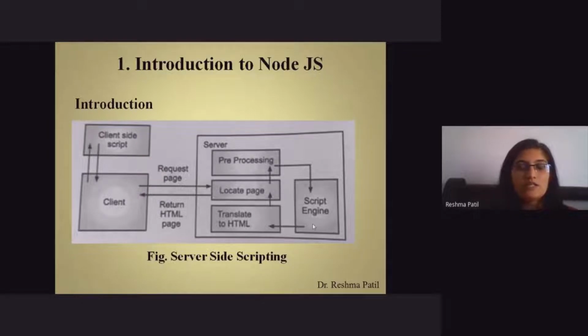The script engine will translate whatever data is available at the server side into HTML form. Then the server will locate the page, where that page is available, and return it to the client. So the client will get that google.com page. This is the server-side scripting process, how the server works.